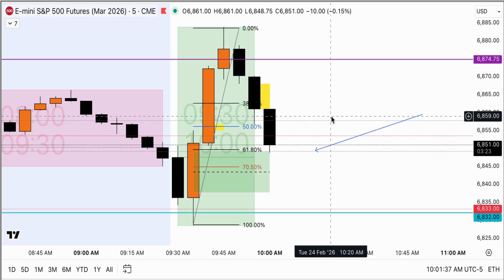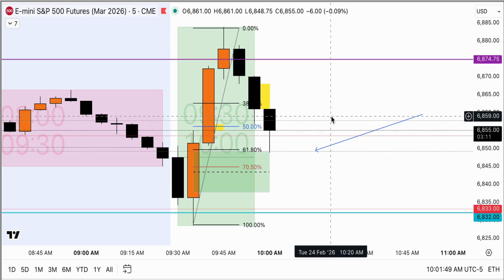So I will consider that. That's why I said I'm waiting for price potentially to go to the midpoint of that level. And then again, I'm just looking for a rejection. It can be on any time frame, the 1 minute, 2 minute, 3 minutes, but I'm watching the 1 minute, the 5 minute, and the 15 minutes right now.